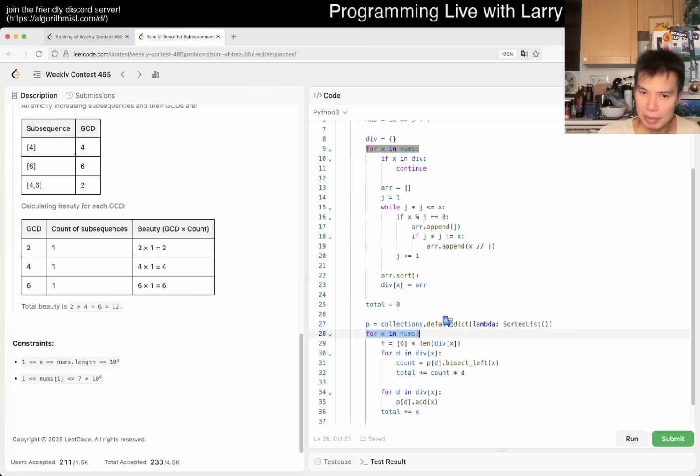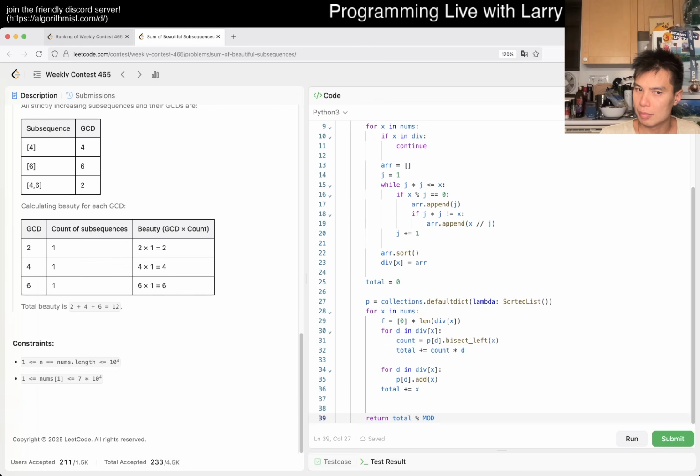Okay, so maybe I have this, right? And then maybe I have basically the idea here. Maybe I shouldn't try to make my initial idea work. Maybe that's not a great idea, to be frank.